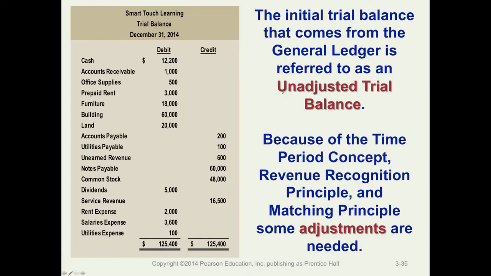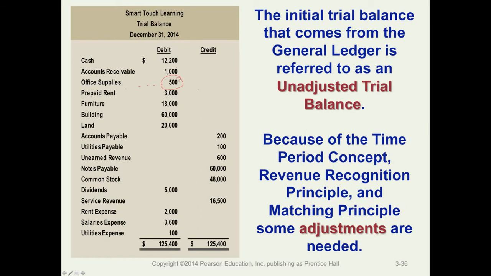If you recall, we had our trial balance from Smart Touch back in a previous discussion, and one of the things I wanted to point out today is that you purchased office supplies during the year. And the problem, of course, is that as you use office supplies every day, you're not going to go in and make journal entries.